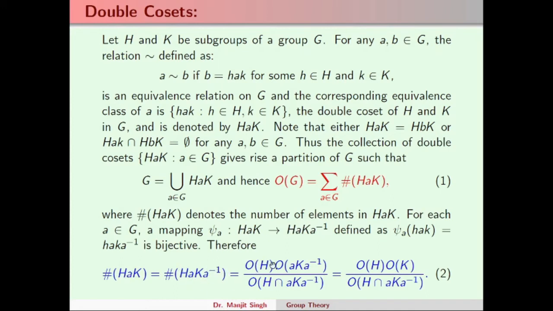We know that AKA inverse is a subgroup of G, and H is a subgroup of G. Then we can use this concept, and we know that the number of elements in a conjugate of K is the same as the number of elements in K. So we can write this as order of H times order of K upon order of H intersection AKA inverse.